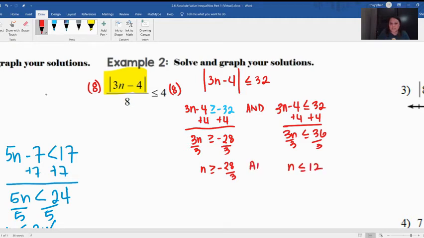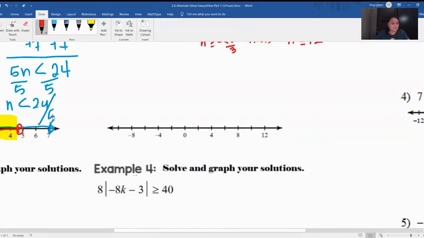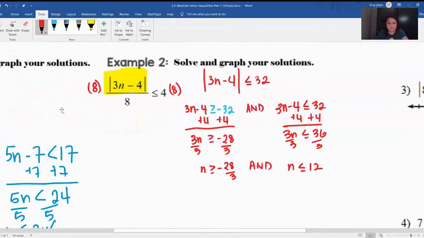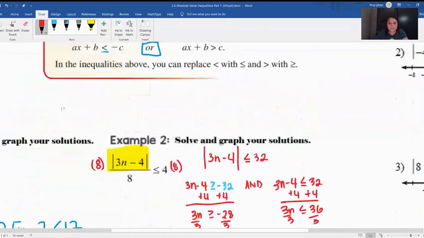So this is an and, so I expect an intersection. If it doesn't come out to be an intersection, there might be a special case there. So let's go ahead and graph our inequality. And just zoom out a little bit so you can see.